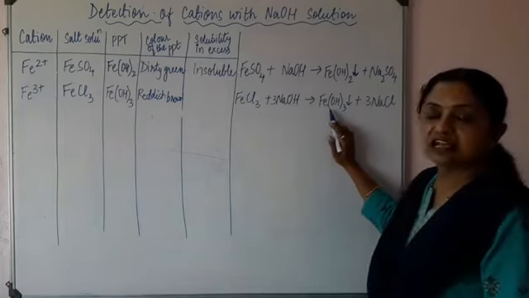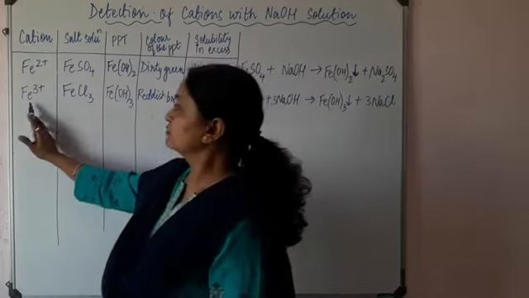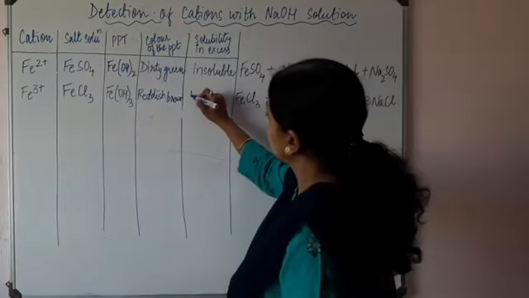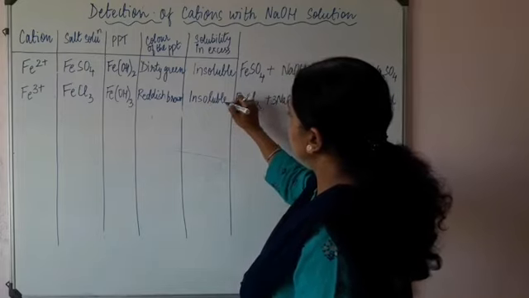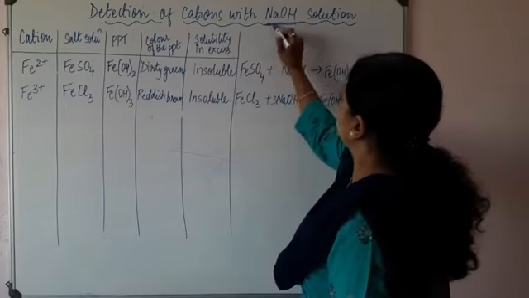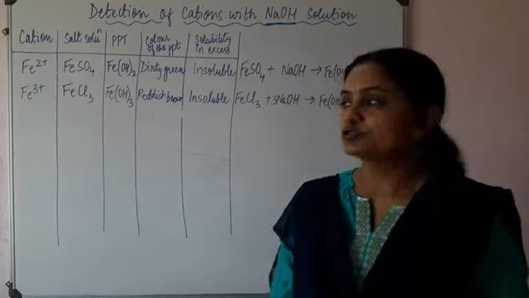This is ferric hydroxide, which is reddish brown in color, by which you will come to know the cation present is ferric, and it is also insoluble in excess. So in the same test tube, if I add excess of NaOH, it remains insoluble.